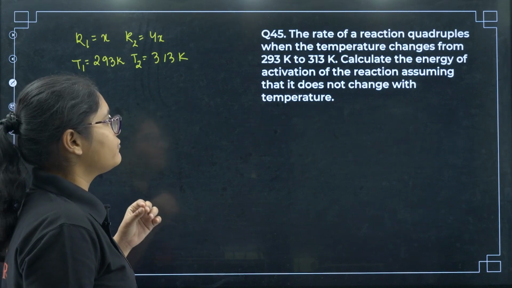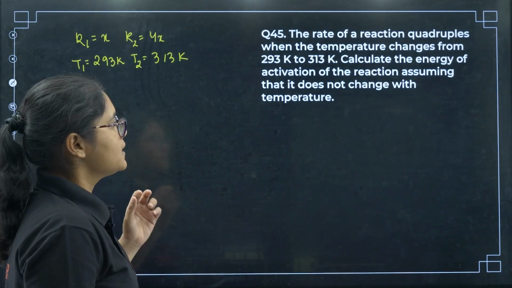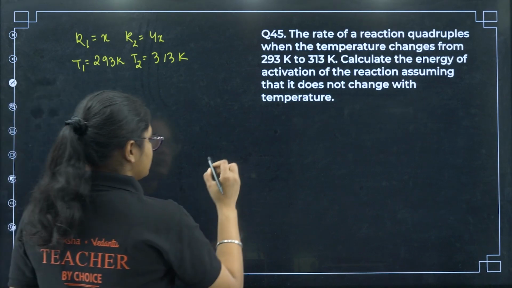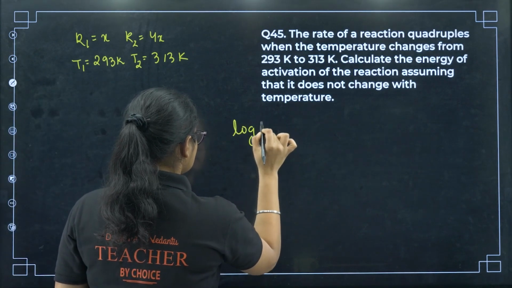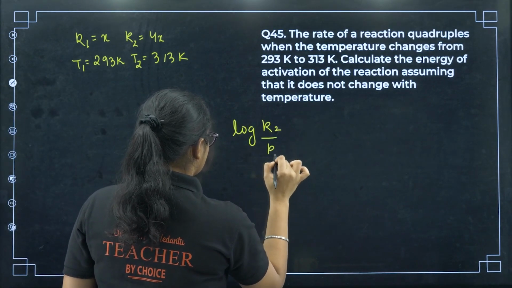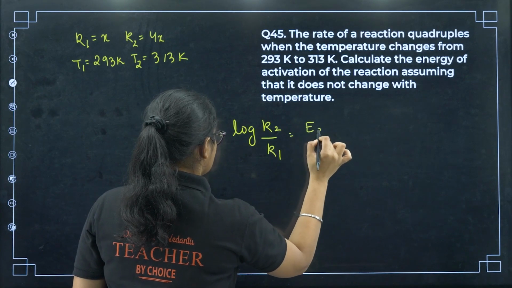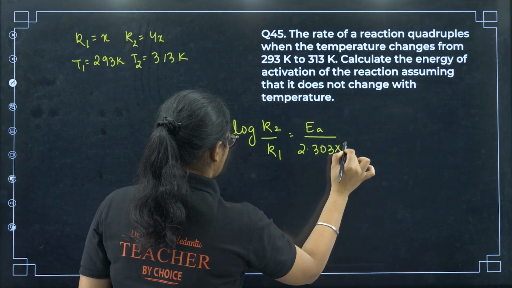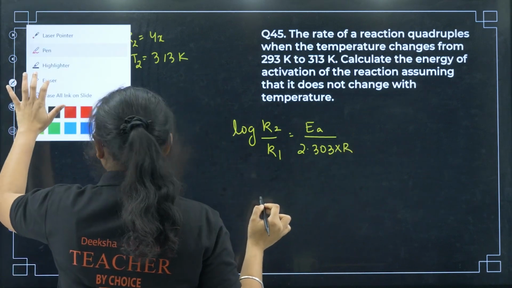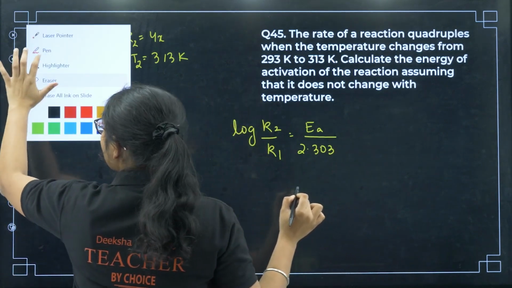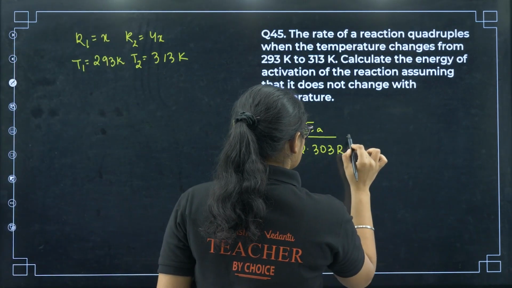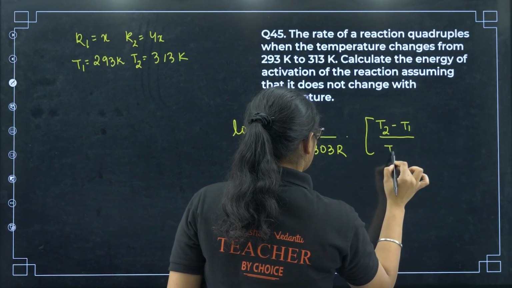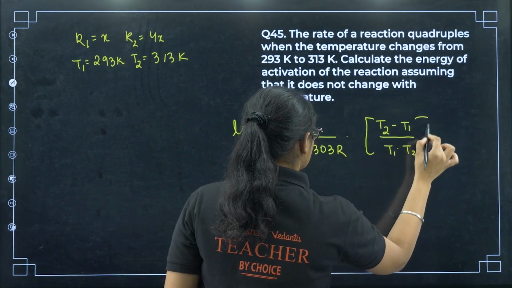Calculate the energy of activation of the reaction assuming that it does not change with the temperature. So we can easily use our equation here: log K2 by K1 is equal to Ea by 2.303 R into T2 minus T1 by T1 into T2, okay.